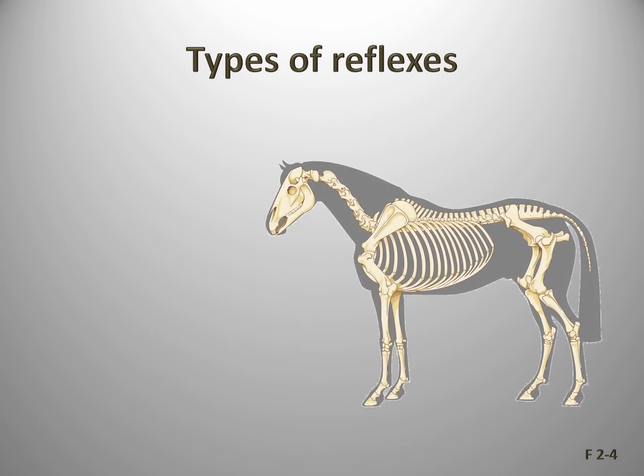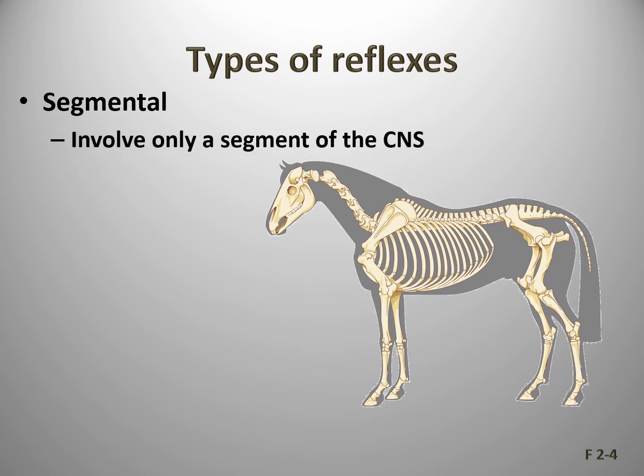Depending on how much of the spinal cord is used in a reflex, we have two types of reflexes. A segmental reflex involves only a short segment of the central nervous system in the spinal cord.